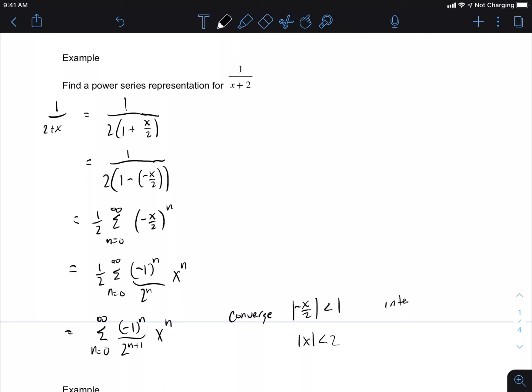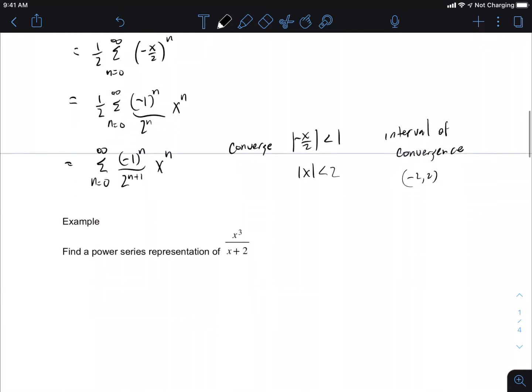And so the interval of convergence is from -2 to 2. Pretty sweet, right? Being a geometric series makes it very, very doable, very much something that we can handle. And it's just algebraic manipulation. It isn't a bunch of fancy calculus.